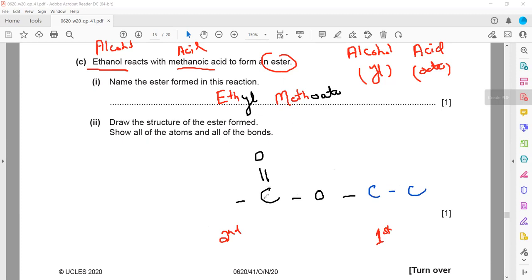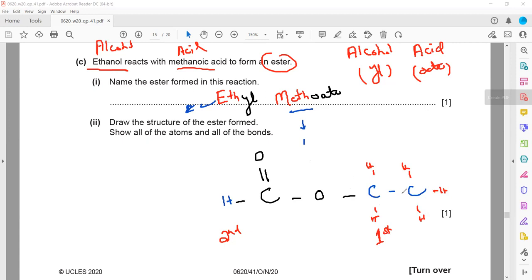Methanoate, meth means one carbon, so one carbon is already there and we don't have to attach any carbon. So two carbons are attached to oxygen, and no other carbon is attached to the C double bonded with O. Then we draw the remaining hydrogens. This will have two hydrogen atoms. This will have three hydrogens. So this is the structure of ethyl methanoate.